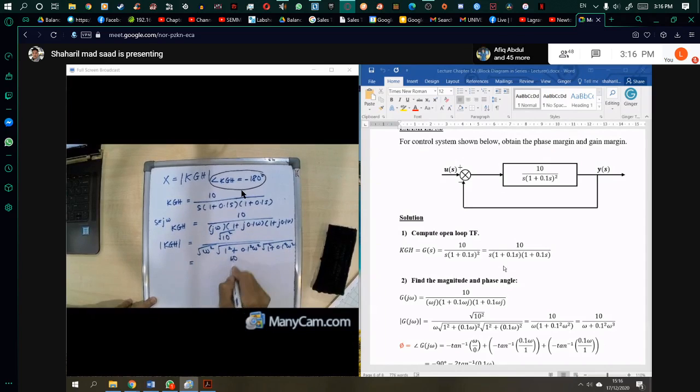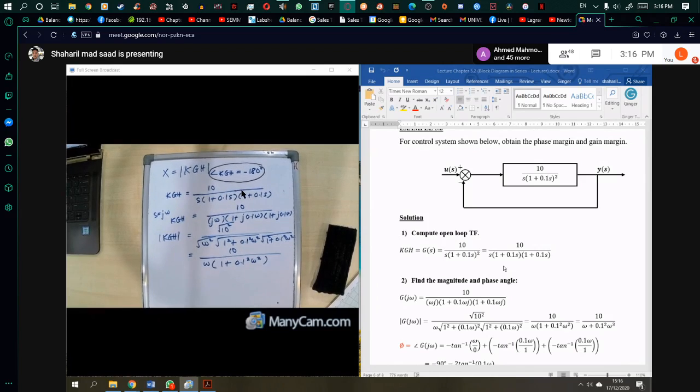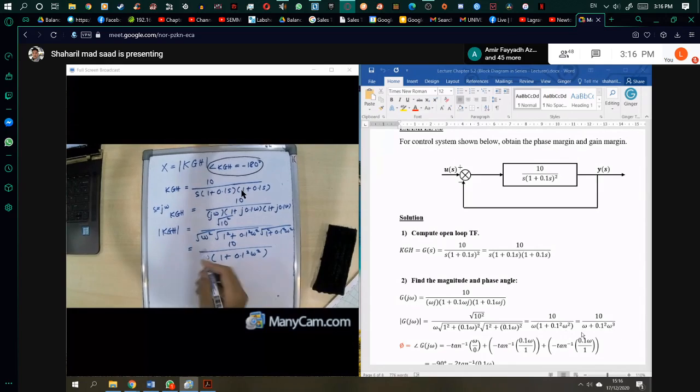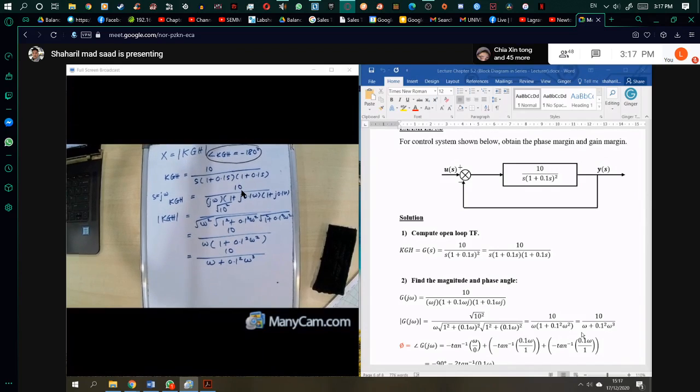Then you got 10 omega, so 1 plus 0.1 squared omega squared here. So this one equals 3 because you expand it, right? Okay, done. So maybe we can expand it: 10 omega plus 0.1 squared omega cubed. Okay, done.